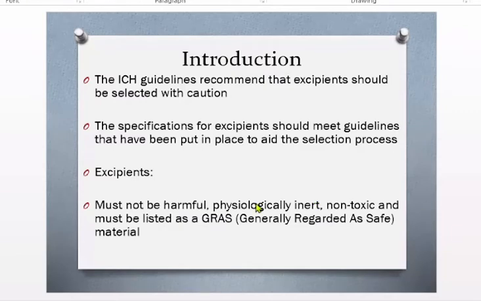Physiologically innate, we know that the API, pharmaceutical ingredient itself, alters the physiological environment. And so what you are interested in, you want just the drug to be the only thing in the product that is altering the physiological aspect of the body. It shouldn't be toxic, otherwise you are going to cause more harm than good.